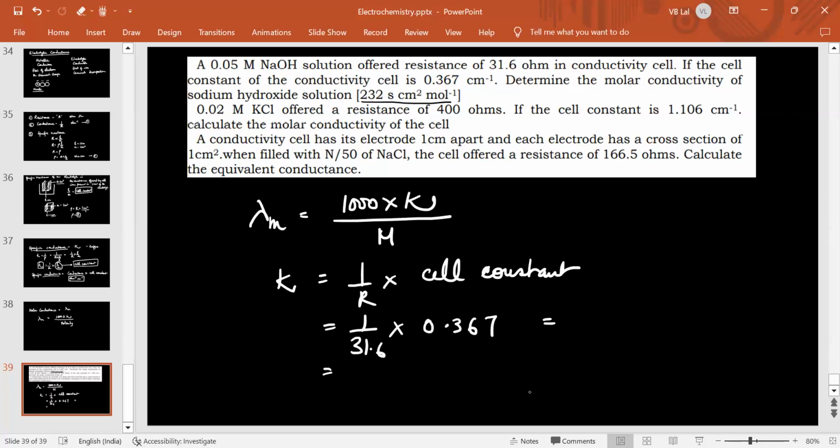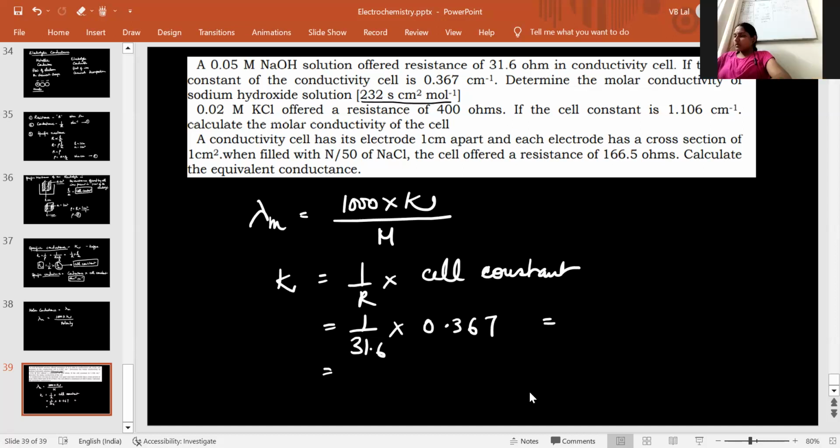Hmm. Is the answer 734 Siemens per centimeter? You are not getting 232? Yes, it is. Did you get the value of kappa? 0.367 divided by 31.6.